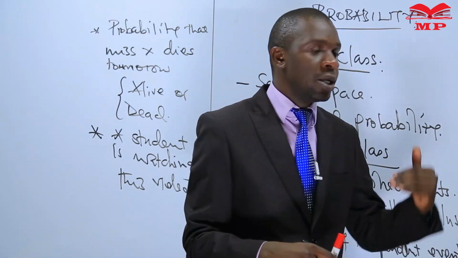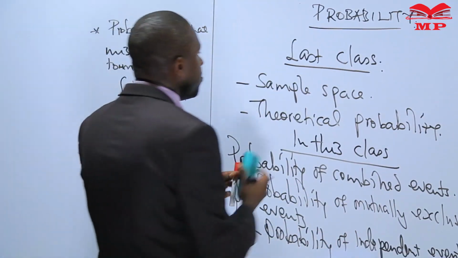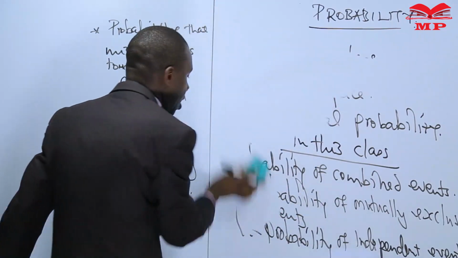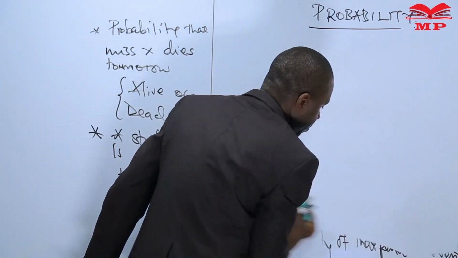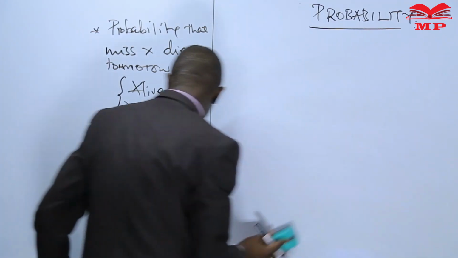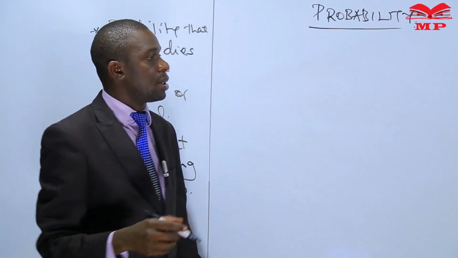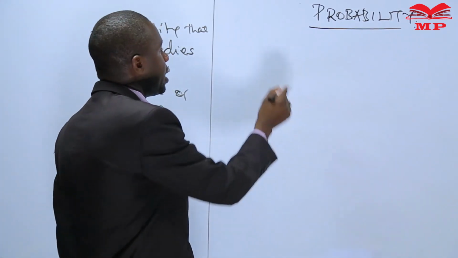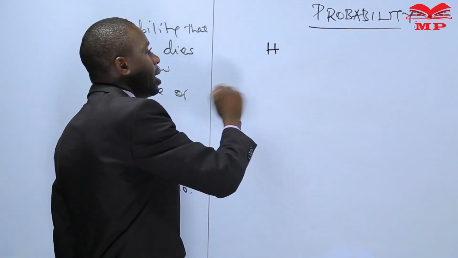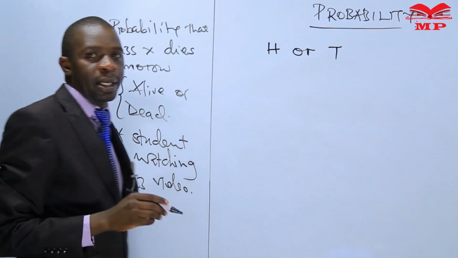And the probability of mutually exclusive events: I can clean here, I believe you are through with this. For instance, in the case of a coin, we can say that you will either get a head or a tail.